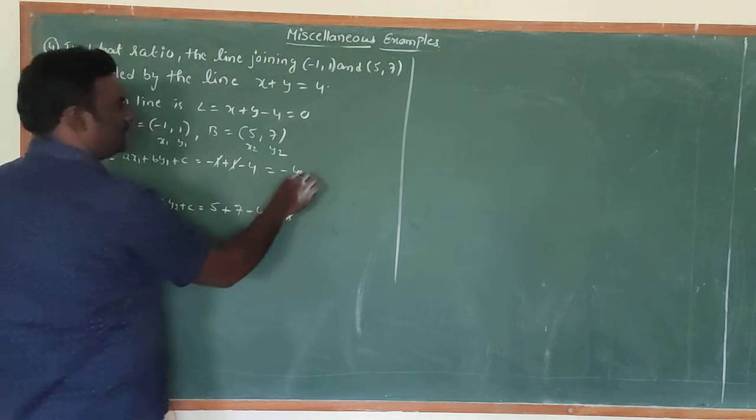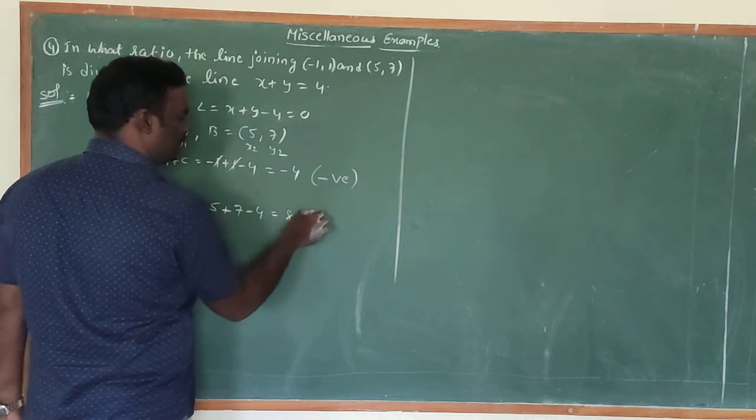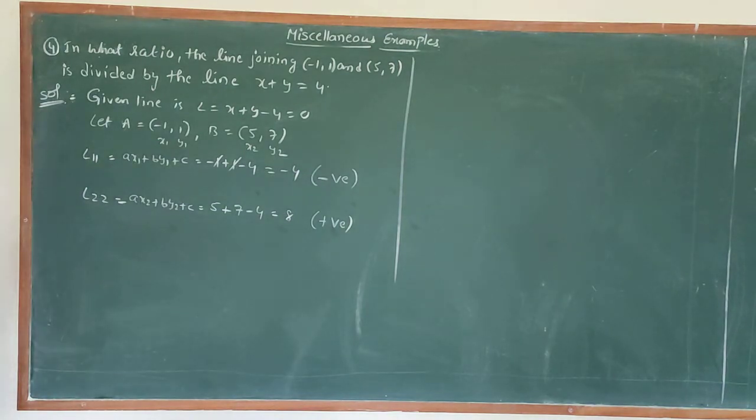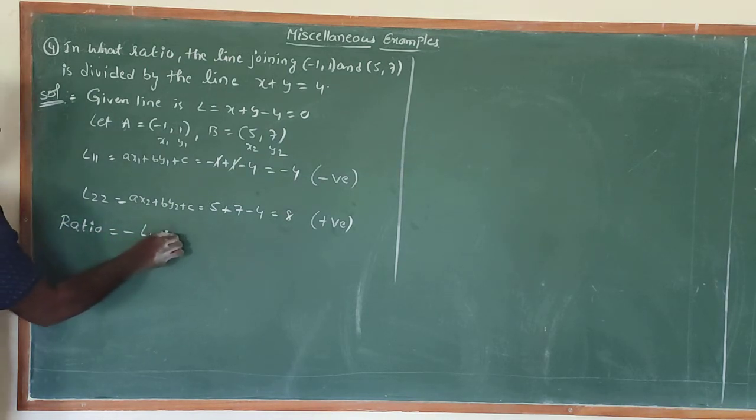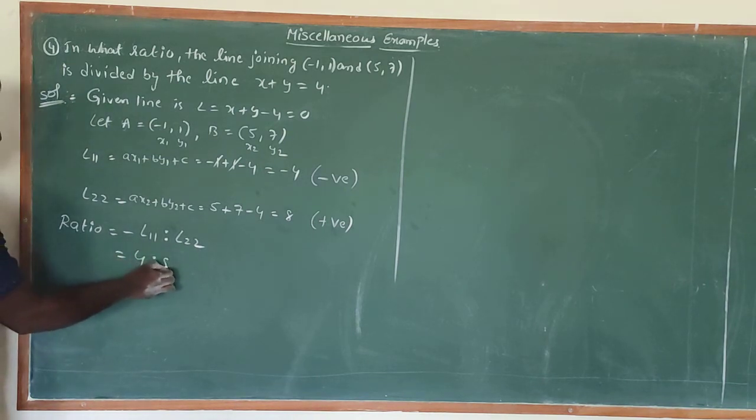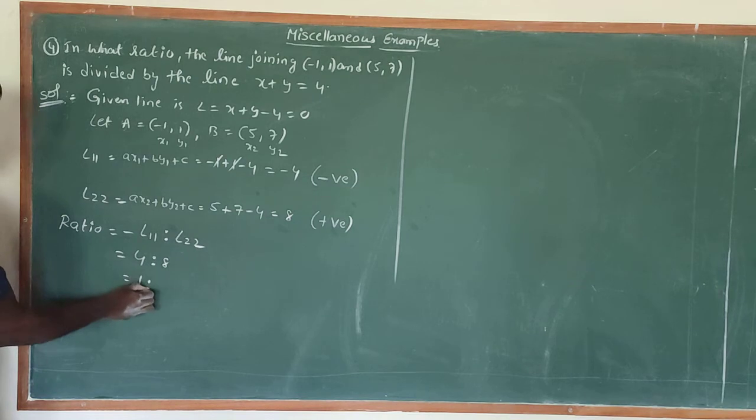See, this is negative, this is positive. Okay, then the ratio is minus L11 is to L22. That is nothing but minus of minus 4, 4 is to 8, that is 1 is to 2.